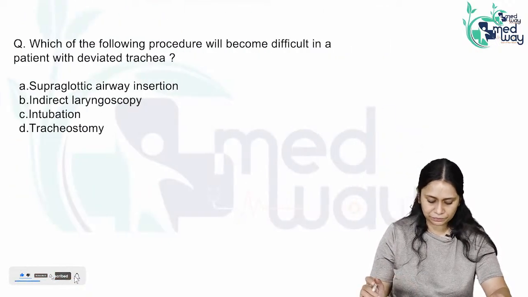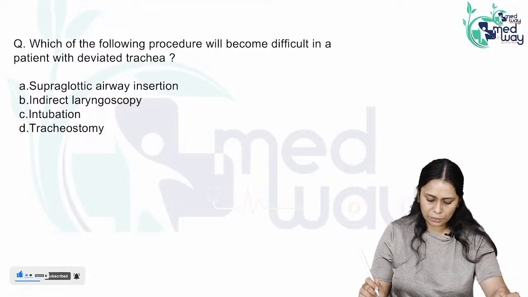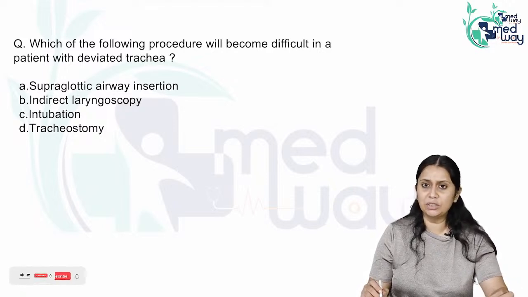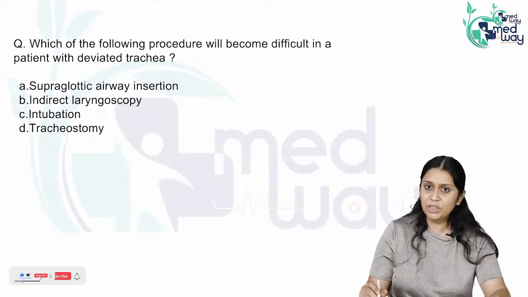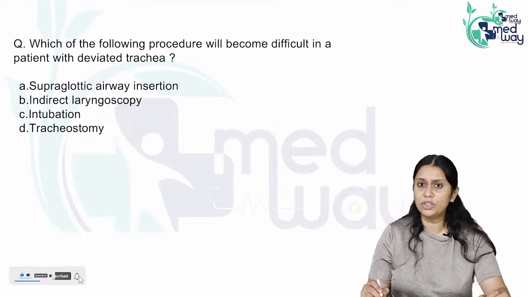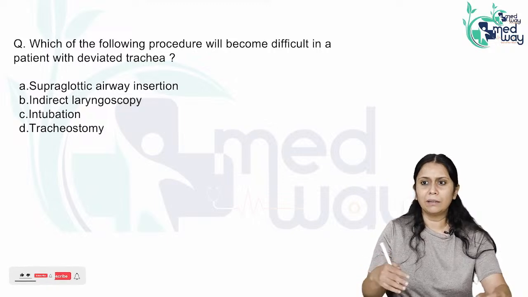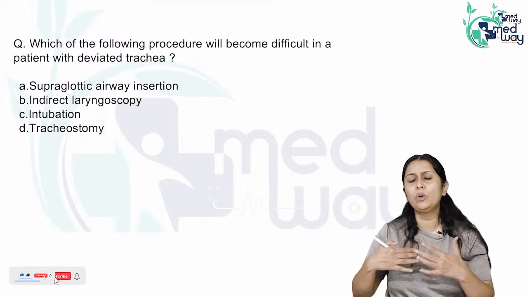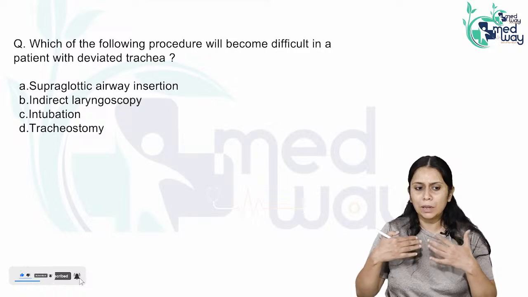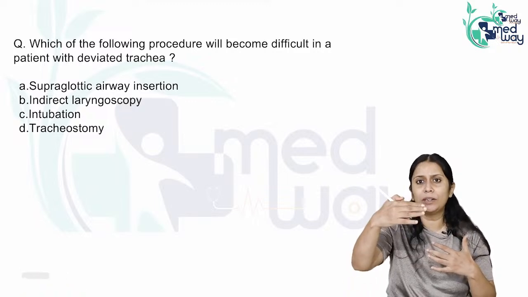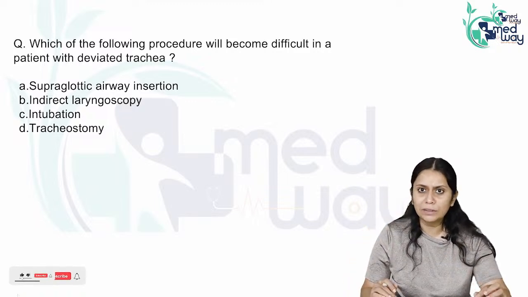Okay, next question. Which of the following procedures will become difficult if the patient has a deviated trachea? So the patient has a deviated trachea. What procedure would be difficult? If someone has a deviated trachea, well, the pathology is below the glottic opening. So the procedures which we do above the glottic opening would not cause any problem.